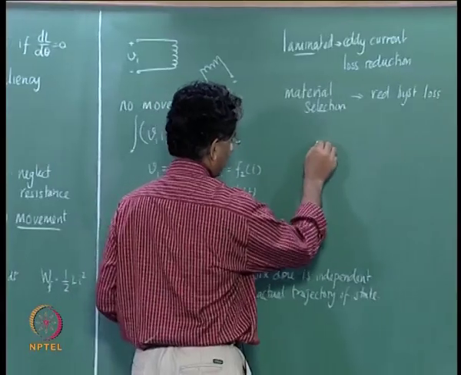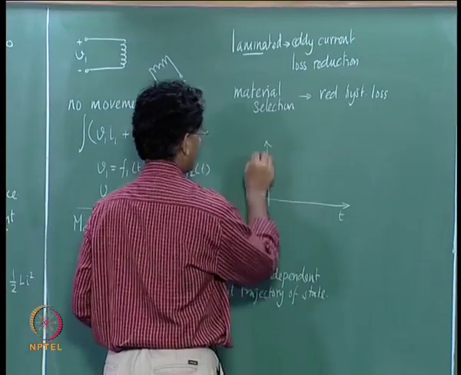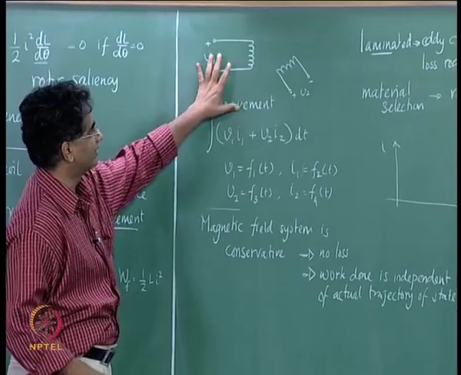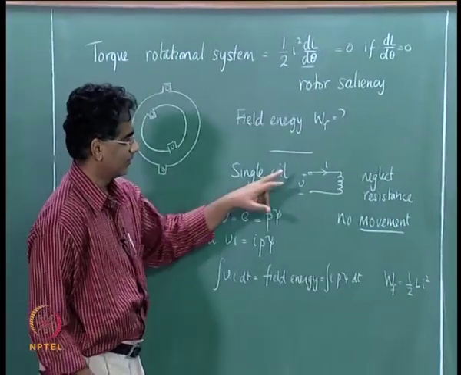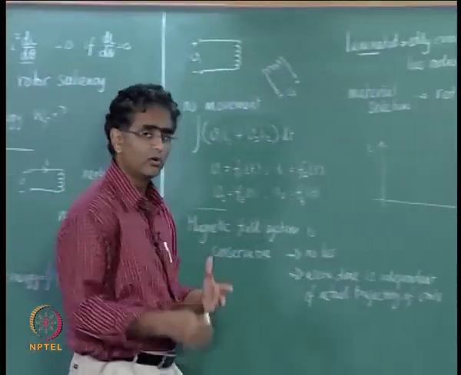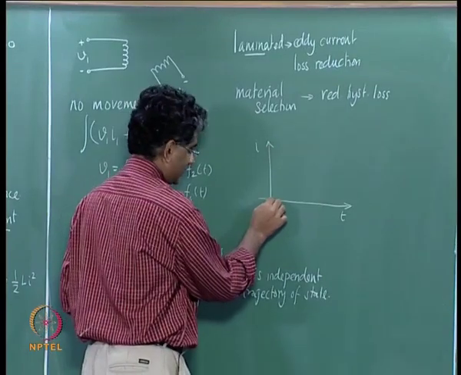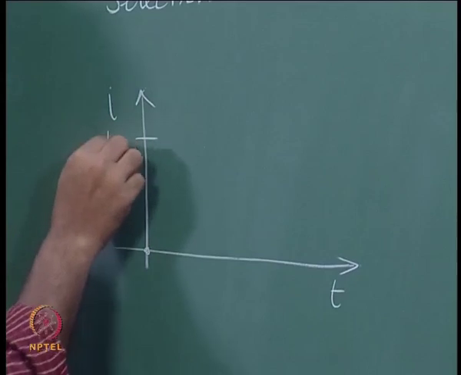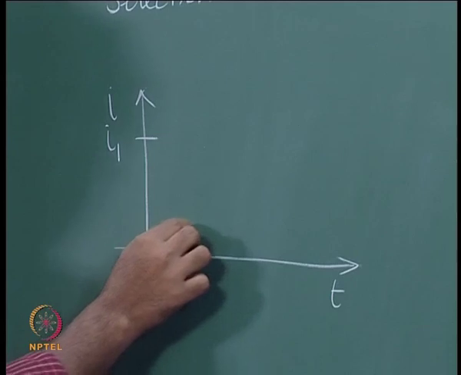This means that if you draw a graph with respect to time, instead of looking at this system where there is an I1 and I2, let us take the example of the first case where there is a single voltage and single current I. You may do an experiment where this variable I starts from 0 and then reaches a value, let us say I1, in this manner.